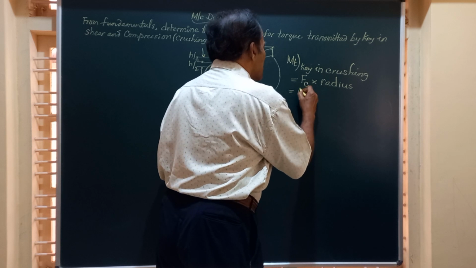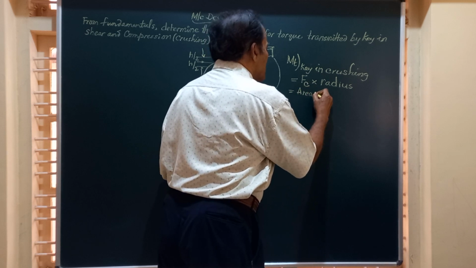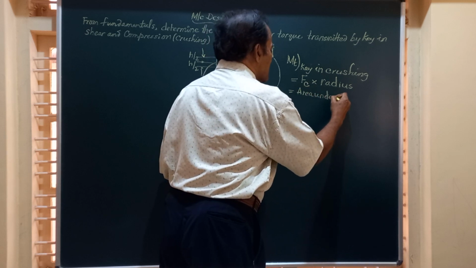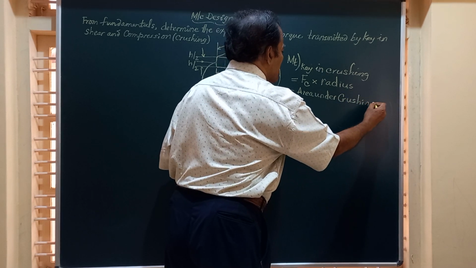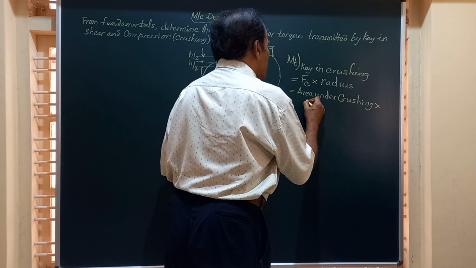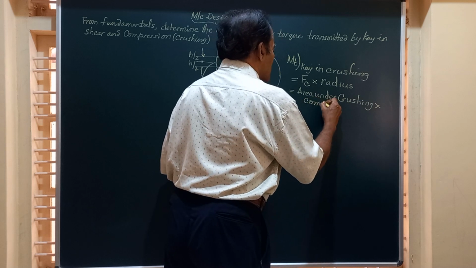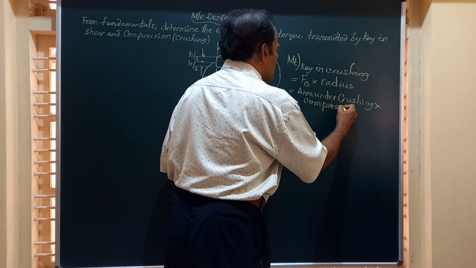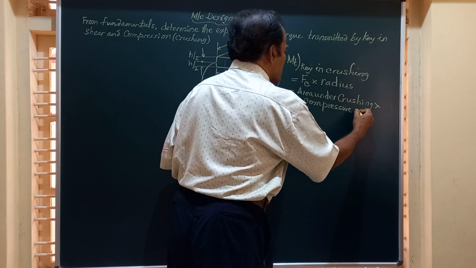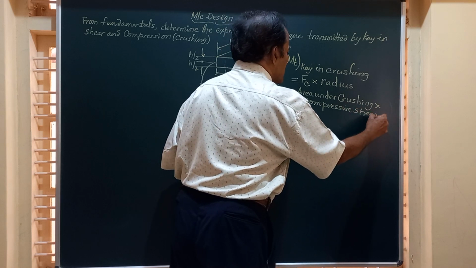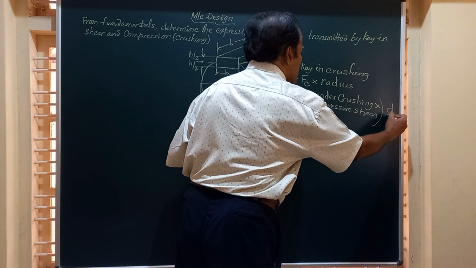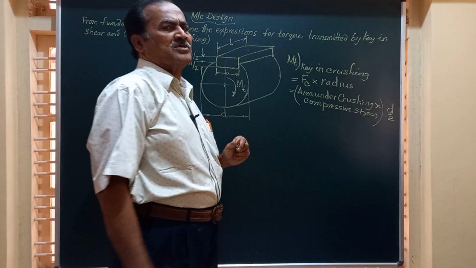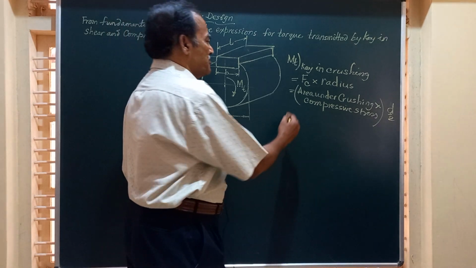So I will say here, it's a product of area under crushing multiplied by compressive stress, or stress under compression. This value Fc is multiplied by the radius, which is D by 2. Very fundamental equation. It's not a big expression.